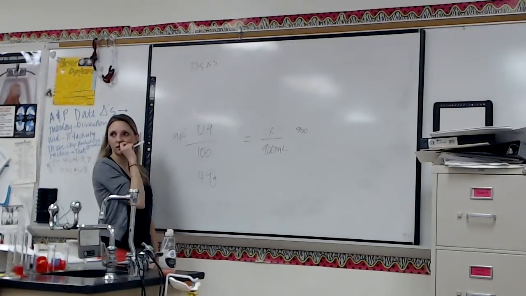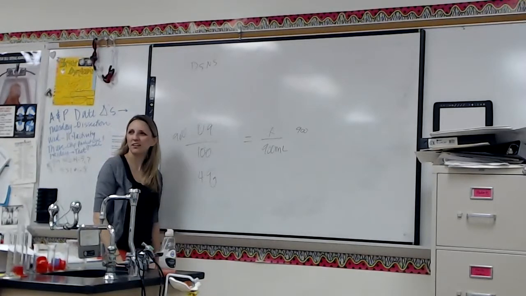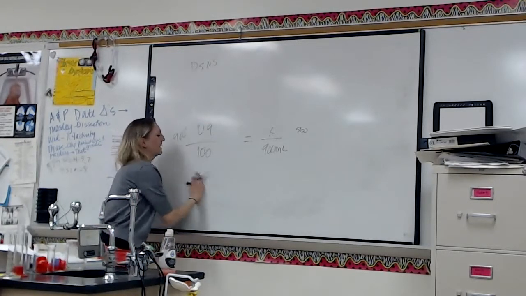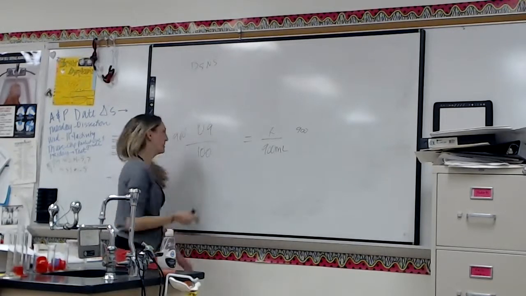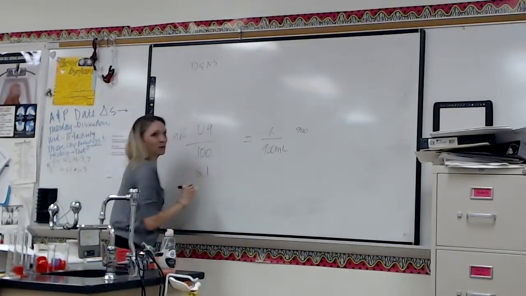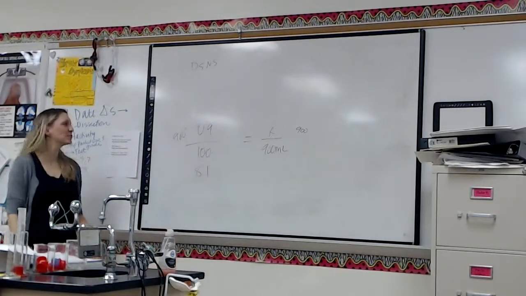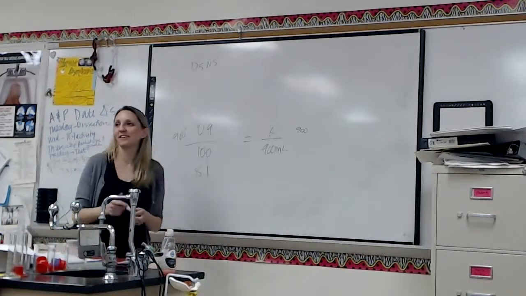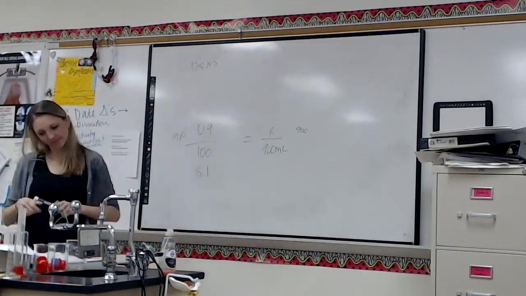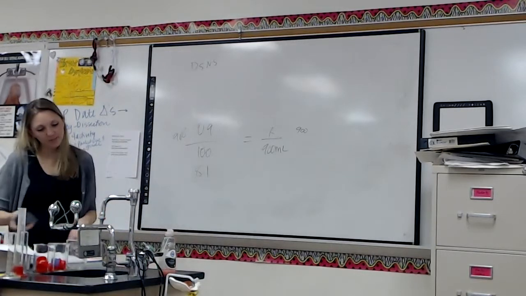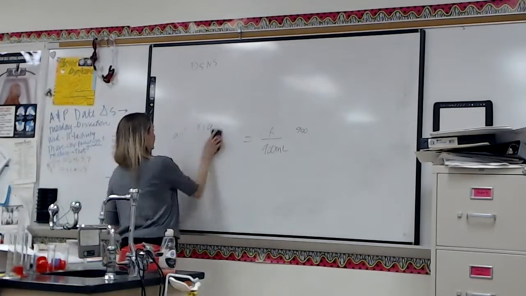Everybody good with that? Wait, I didn't do that right. 9 times 9 is not 49. 9 times 9 is 81, isn't it? So it's 8.1 grams. There we go. I was doing 7 times 7 in my head.